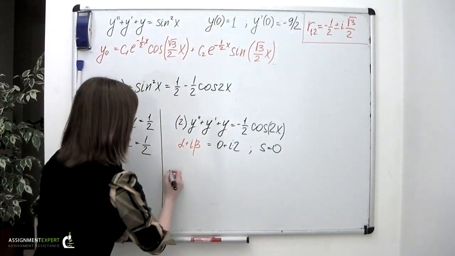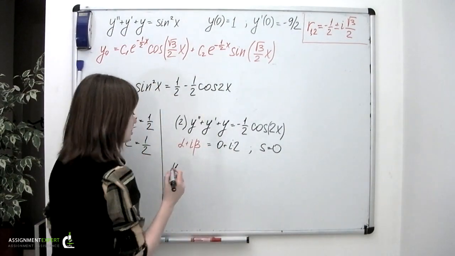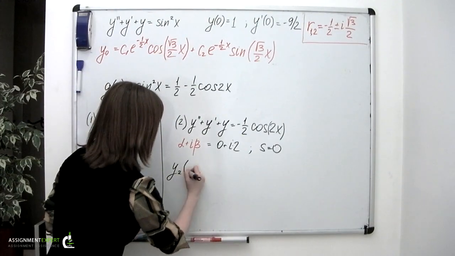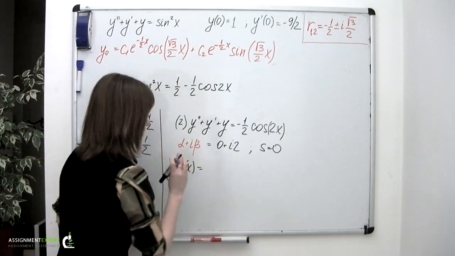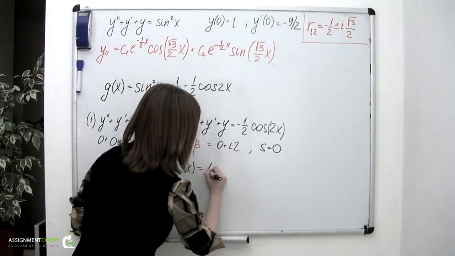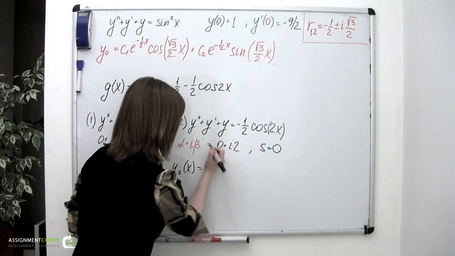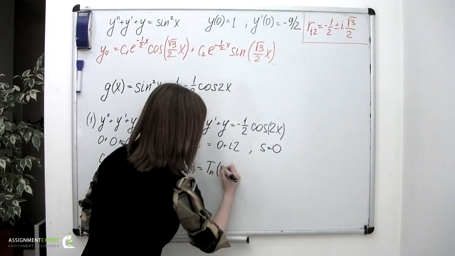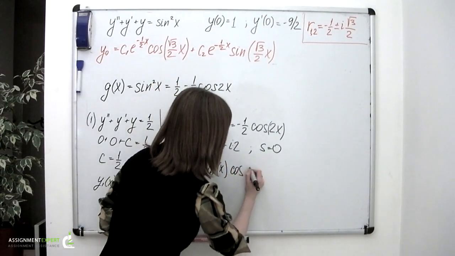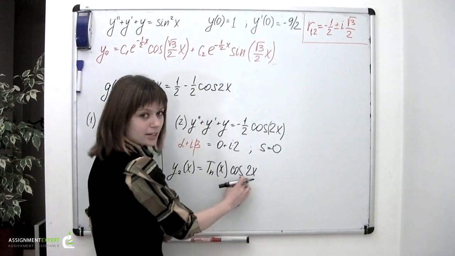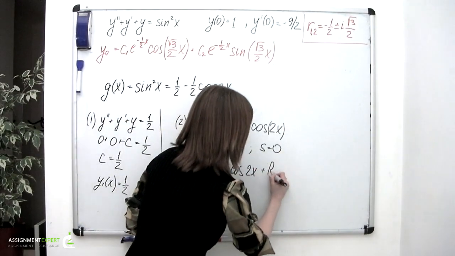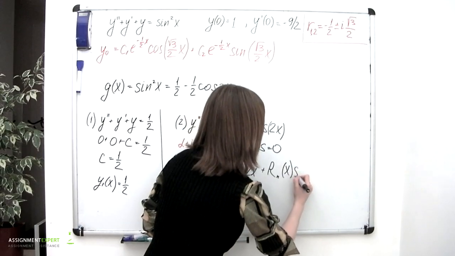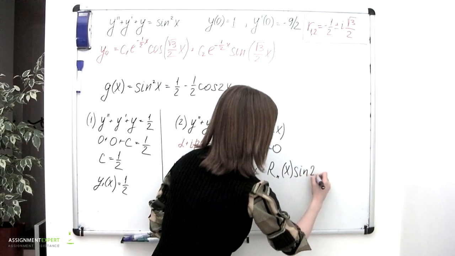The particular solution to this non-homogeneous equation is found in the following form: y sub 2 of x equals, let me write it step by step, T sub n of x times cosine of 2x, this is our beta right here, plus R sub n of x times the sine of 2x.